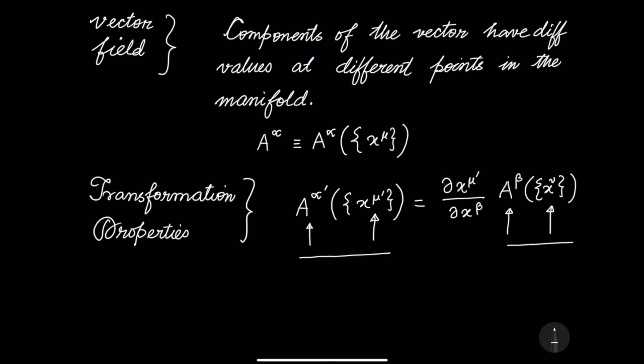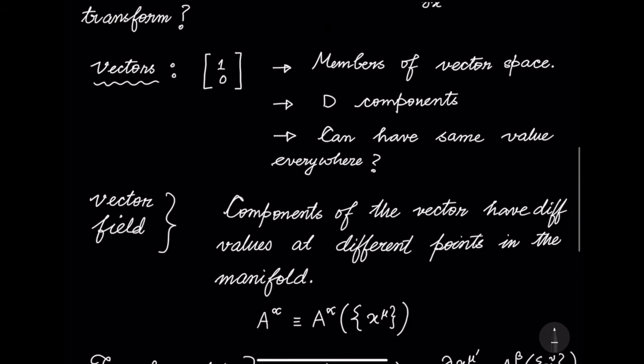Now, we just talked about vectors here. We can talk about one forms as well. One forms will almost have the same structure, but remember that there are a few things here. The one forms will be a tensor of type 0,1 instead of 1,0. They will also be members of a vector space, but the vector space of one forms is different from the vector space of vectors. I cannot do an operation of one form and vector together.